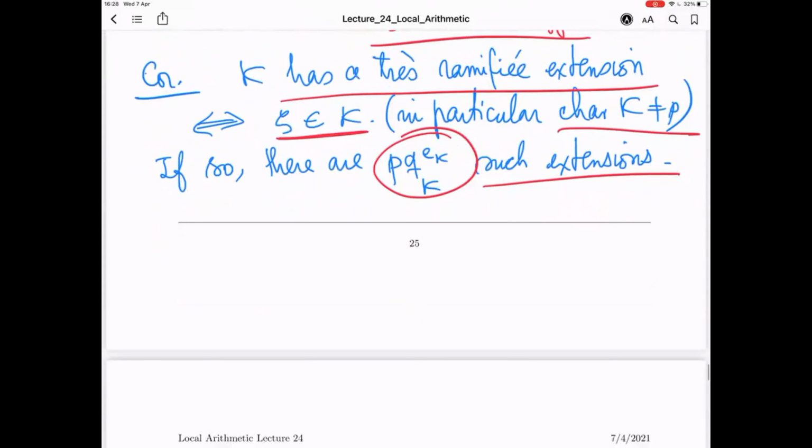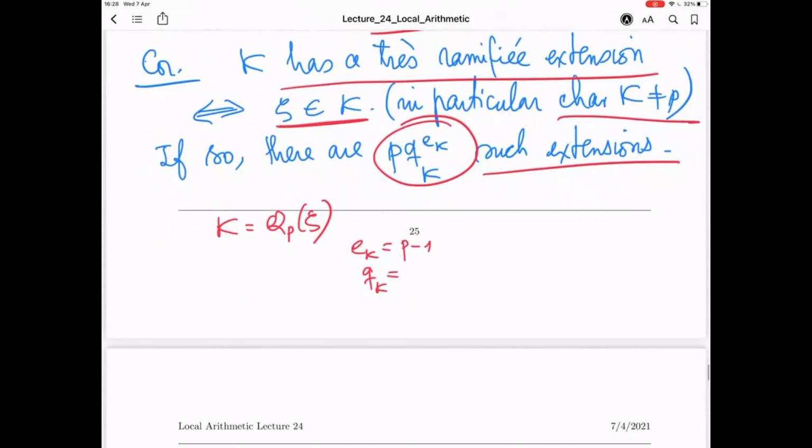For example, if K is equal to QP zeta, then what is it? EK is equal to P minus 1. And QK, what is QK in this case? QK is equal to P, in fact, because this is totally ramified.